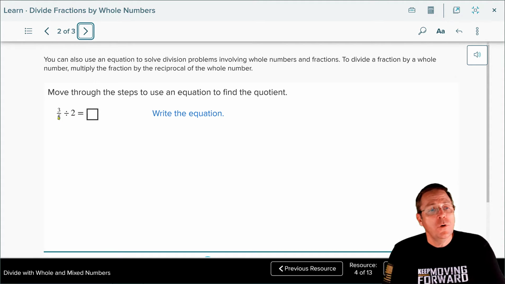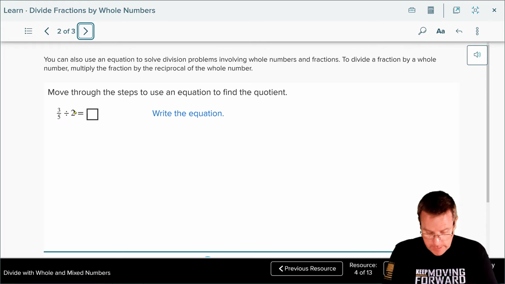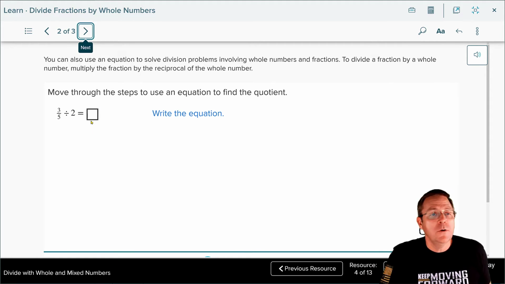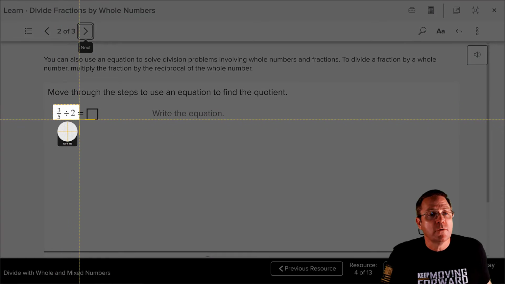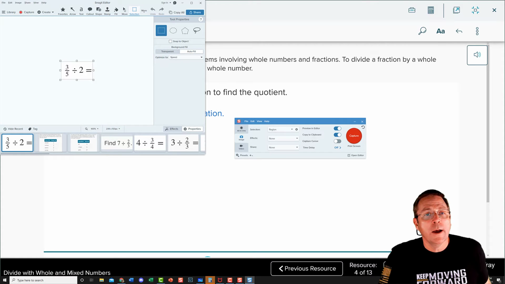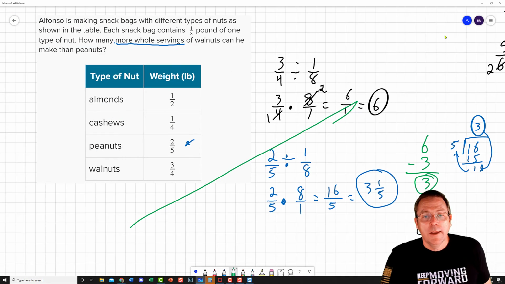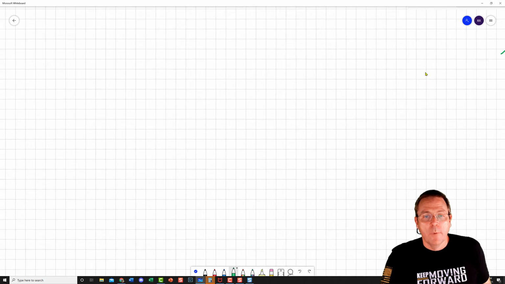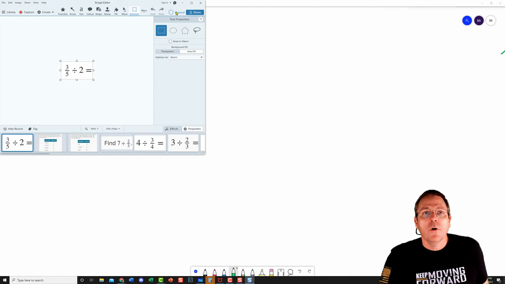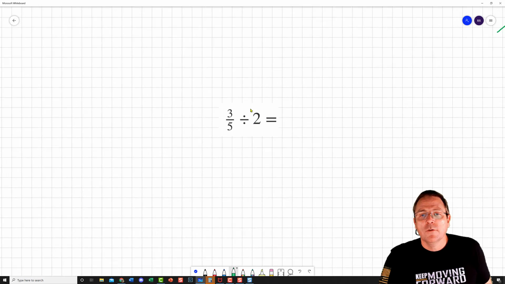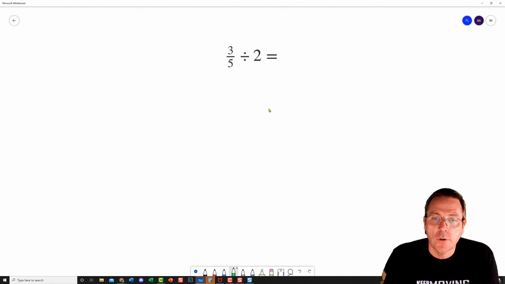So they took 3/5 divided by 2, and I'm going to stop right there, and rather than showing you the way they do it, I'm just going to show you the simple way because they put all kinds of extra steps trying to computerize it. And like I tell y'all, trying to do math on a computer just doesn't work. It's much better to do your math on paper by hand because you can leave a lot of steps out and still be able to make sense of everything you're doing.